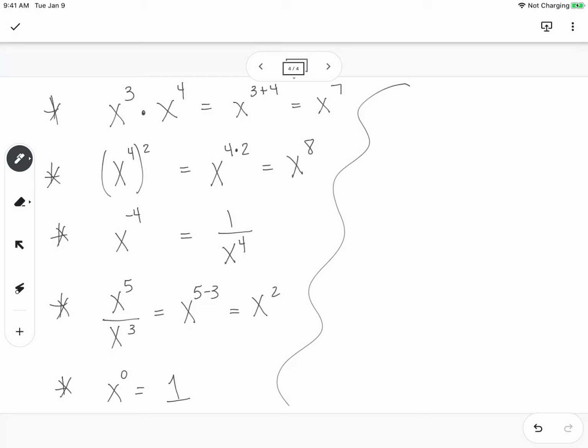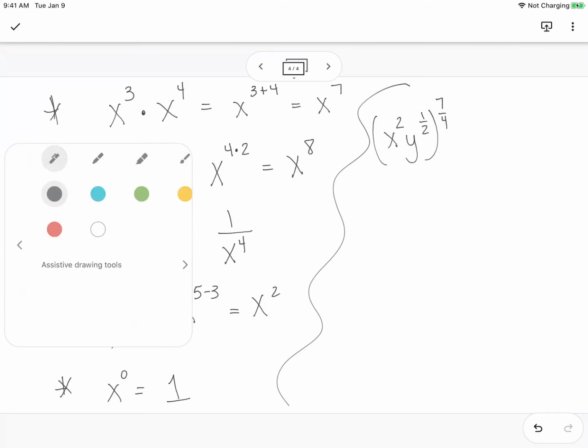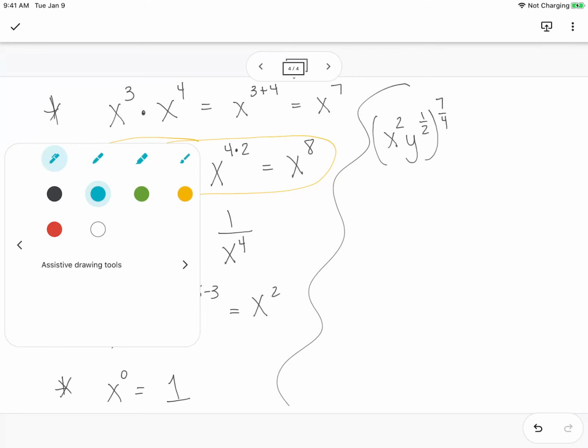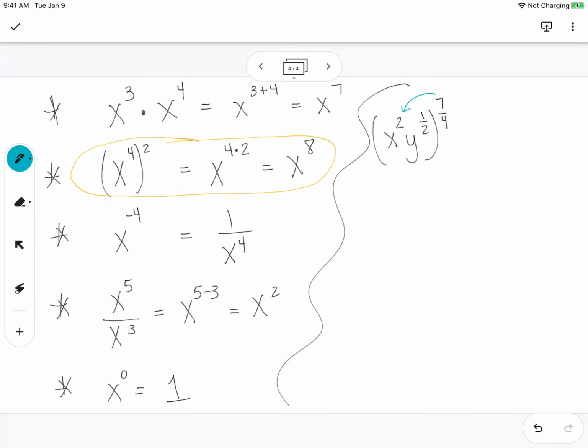you have a worksheet where you have to simplify using the exponent rules. I'm just going to pick one from this worksheet. X squared, y to the 1/2, raise that to the 7/4 power. So that's using this rule here. So you're going to multiply your exponents together. So when I multiply my exponents, I'm going to say 7/4 times 2.